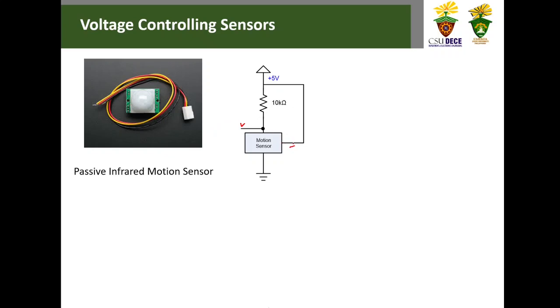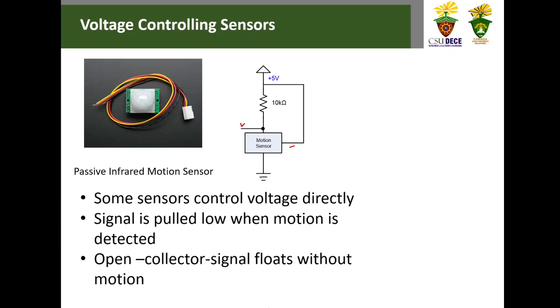Another terminal is directly connected to our supply, and the other terminal is connected to the ground. This motion sensor is pulled down when motion is detected. So when there is motion, it makes a connection and pulls down to the ground.